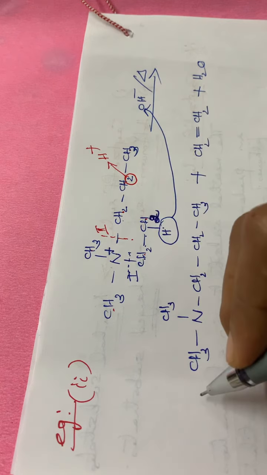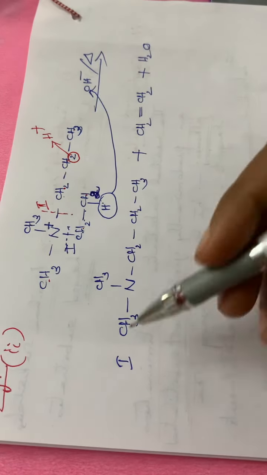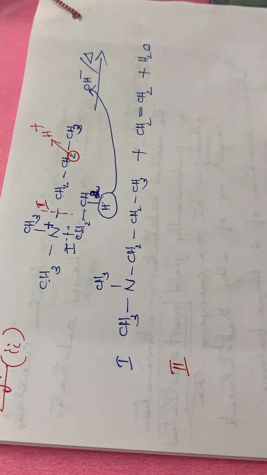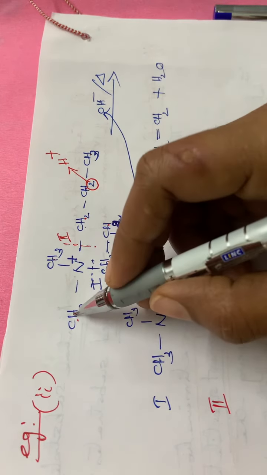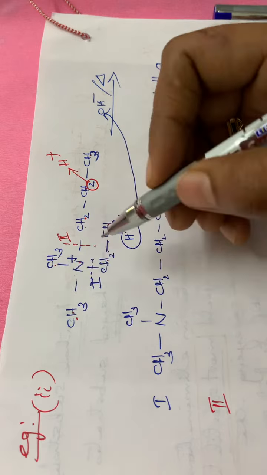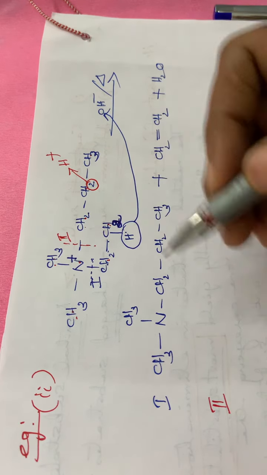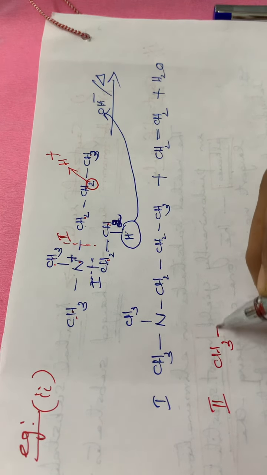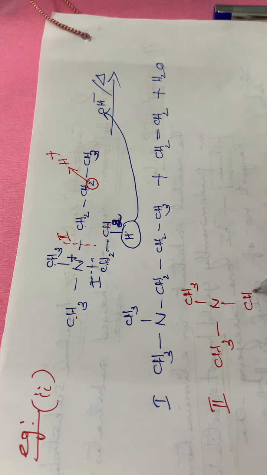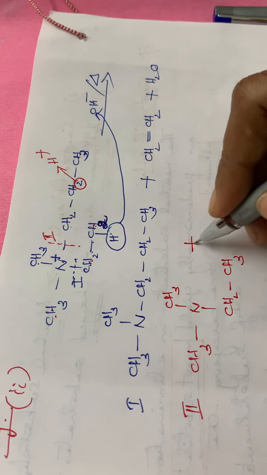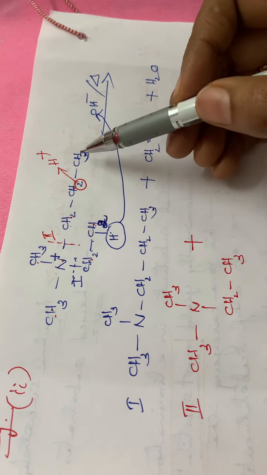So this is the first chance, I am writing it as number 1. And again number 2, the second chance, the bond breaking. That means at this position the bond will be broken. So the product will be CH3N, CH3, CH2, CH3. I am writing it as such. Plus what about the major product?